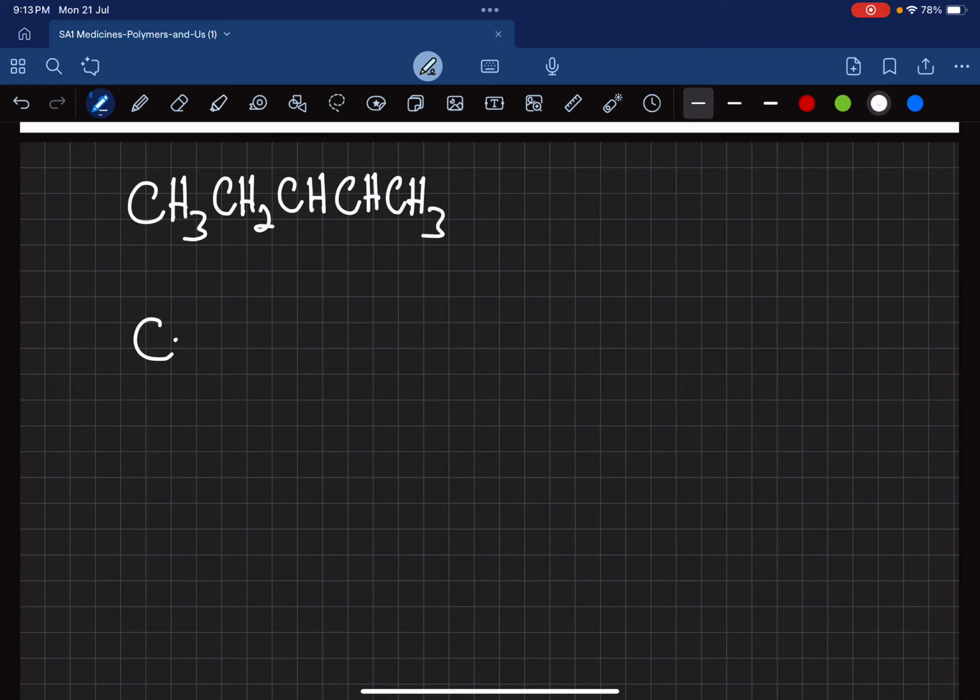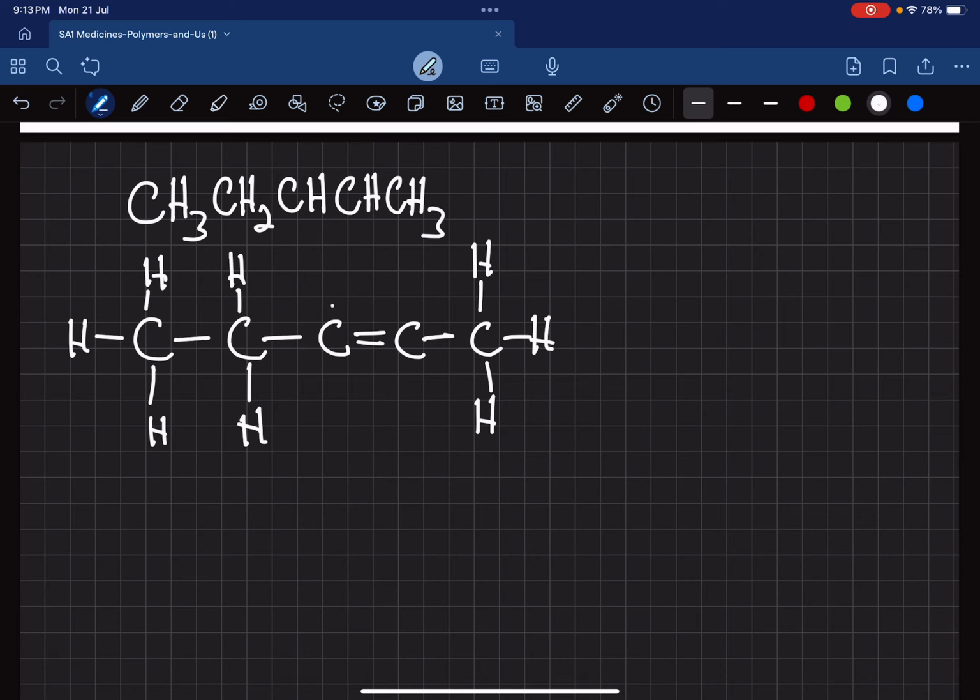There's a double bond here. So CH3, CH, CH, and then there's a hydrogen here and there's a hydrogen here.